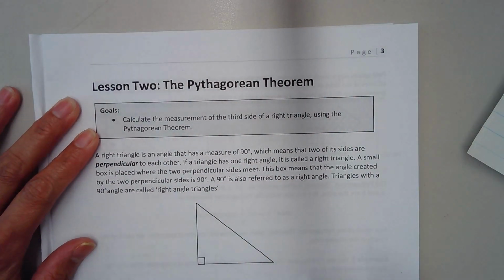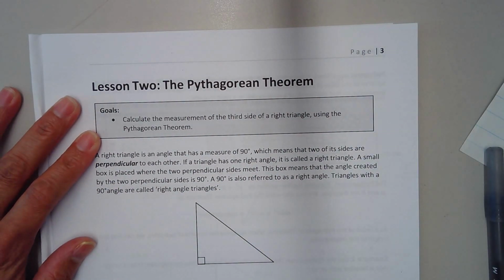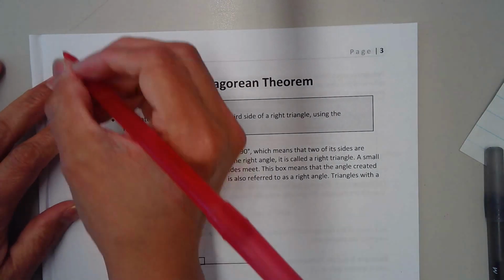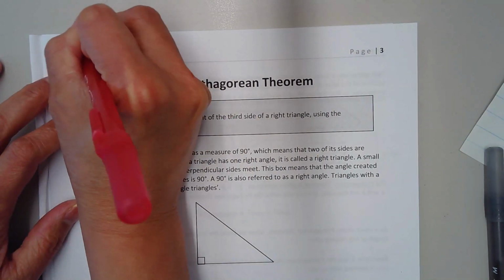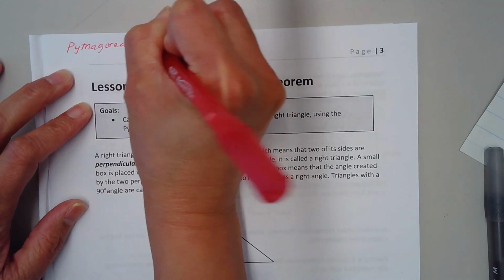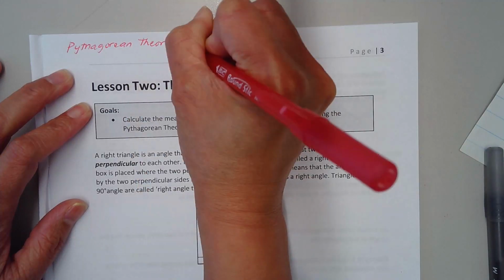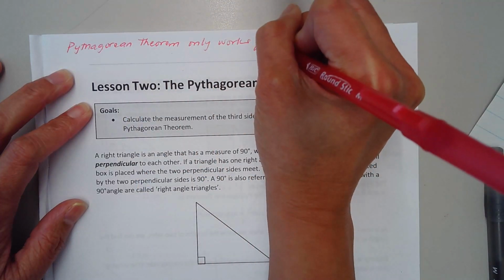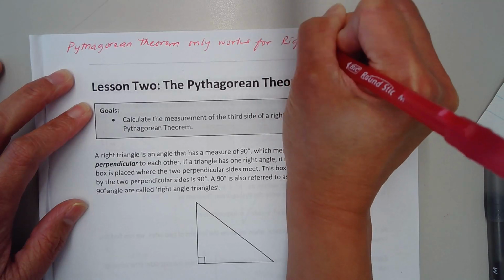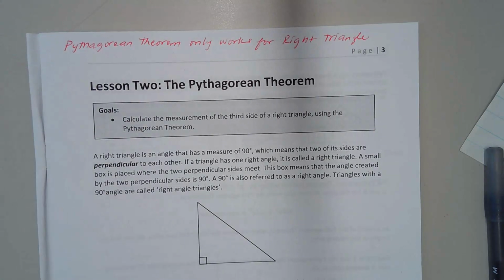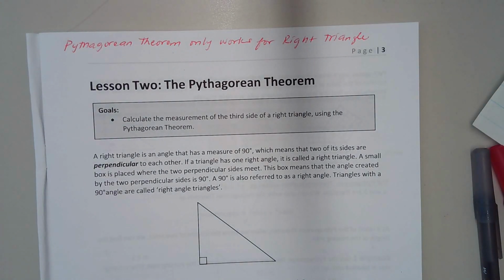Okay, so if you want to write that down, Pythagorean theorem only works for right triangle. Okay, well, stop again.